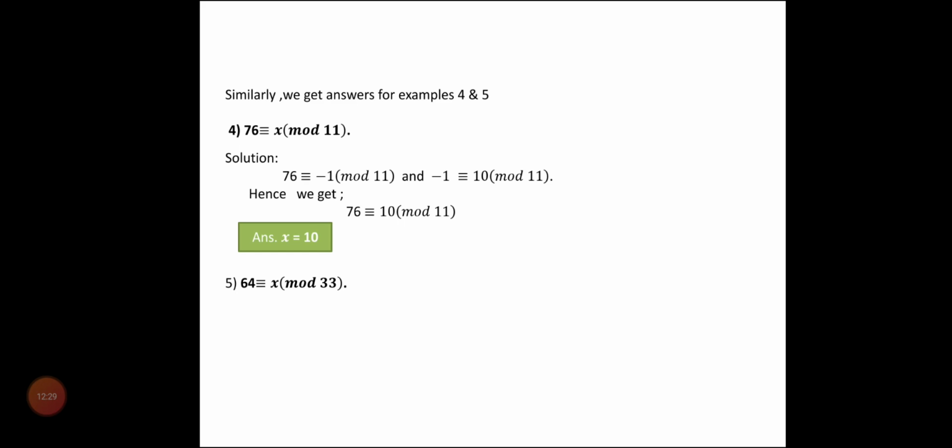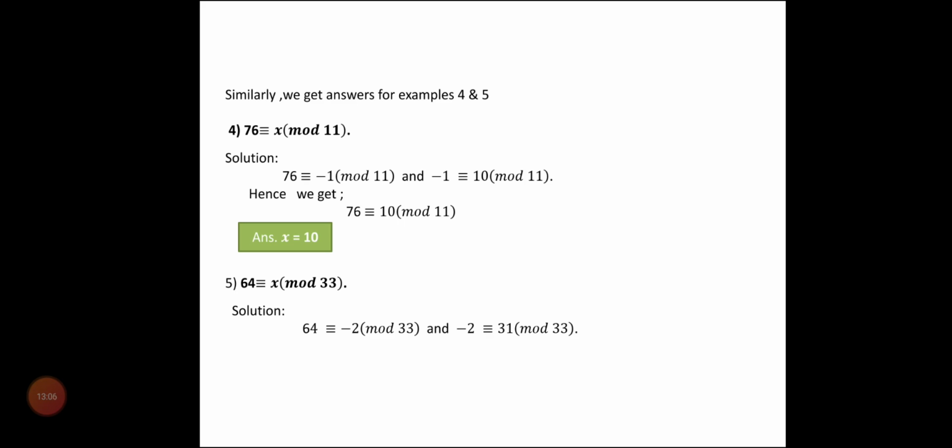Then 64 is congruent to x modulo 33. Immediately from the equation itself, it should strike you that the nearer value to 64 is 66, which is divisible by 33. So to get that 66, we can consider 64 is congruent to minus 2 modulo 33, but we want the positive value, and therefore we consider minus 2 is congruent to 31 modulo 33, which is the least positive value.